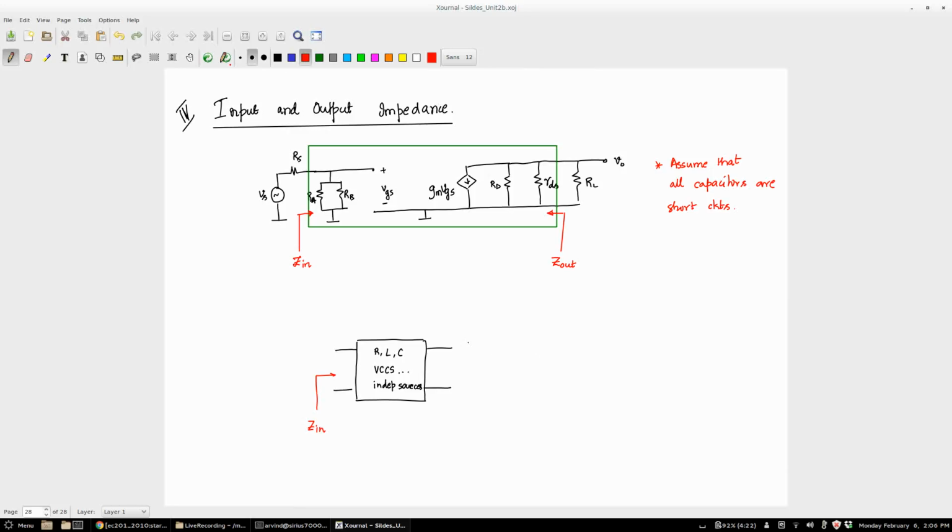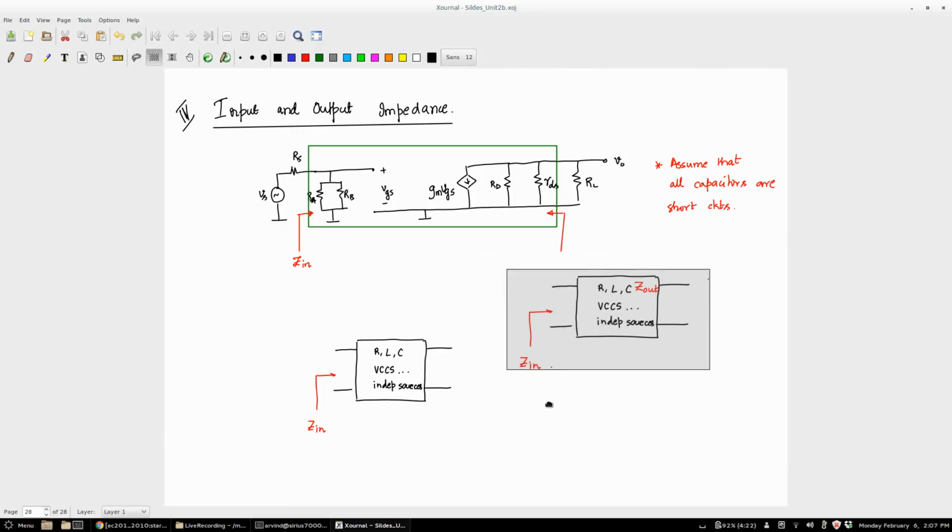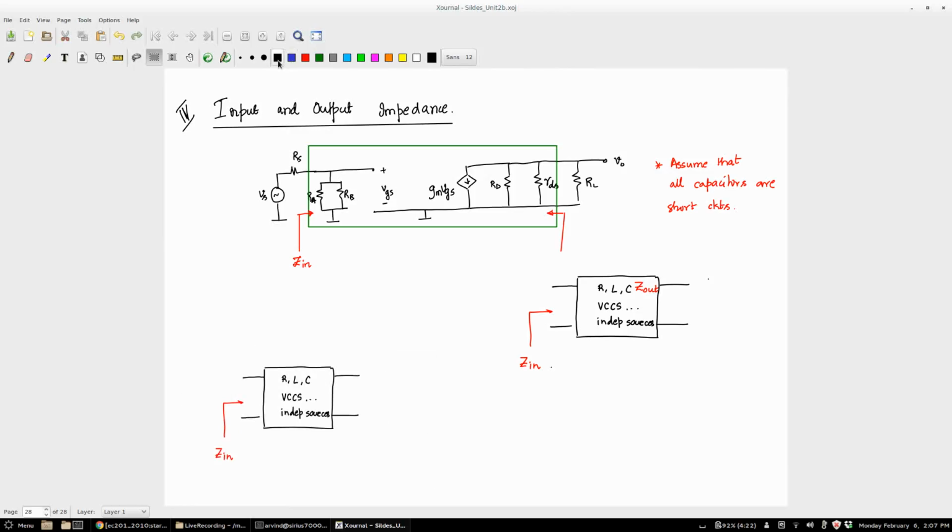These are dependent sources, and say you have some independent voltage source. Say I have to find out my input impedance and output impedance. How would you do this problem? Say I want to find out Z in. How do you solve it? Can someone tell me?